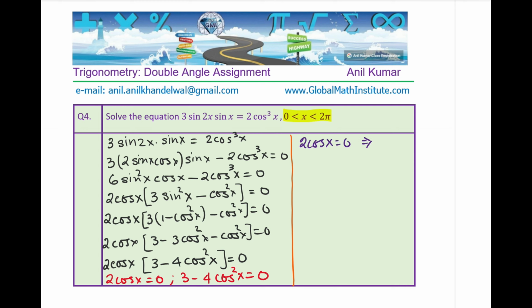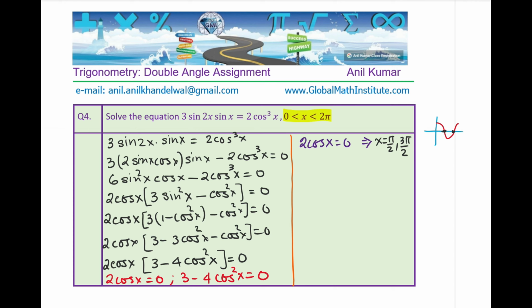That gives me what? As we know the cosine function is 0 for pi by 2 and 3 pi by 2, right? So that gives us x equals pi by 2 and 3 pi by 2, correct?